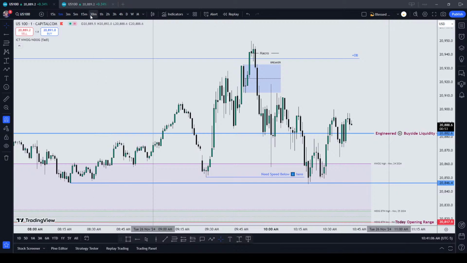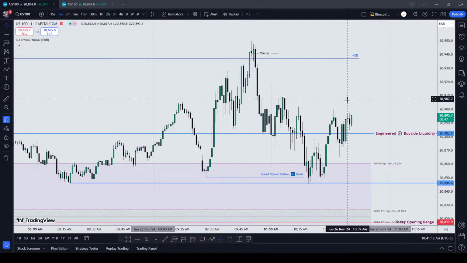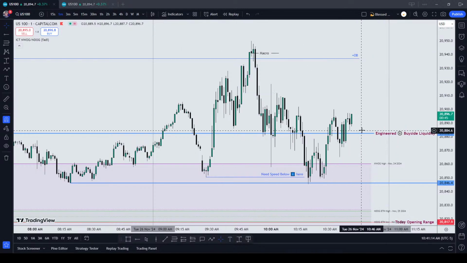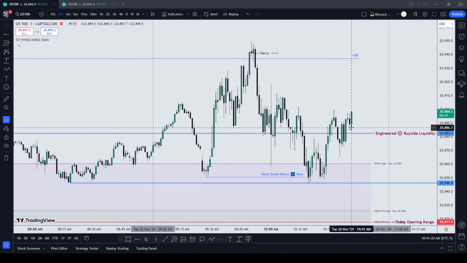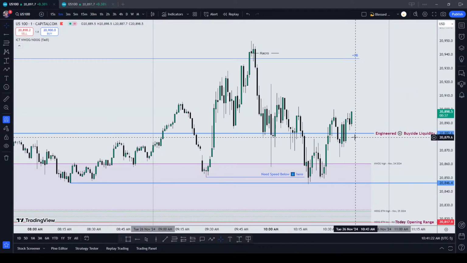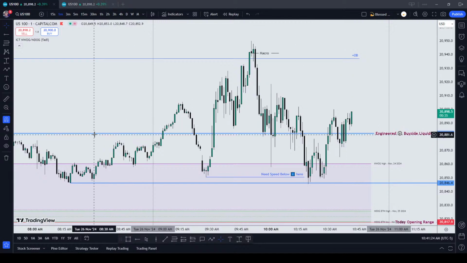Even right now, it's just consolidating, so there's not really much I would like to be talking about, because there's nothing to talk about in this kind of trade right here. It's just messy.